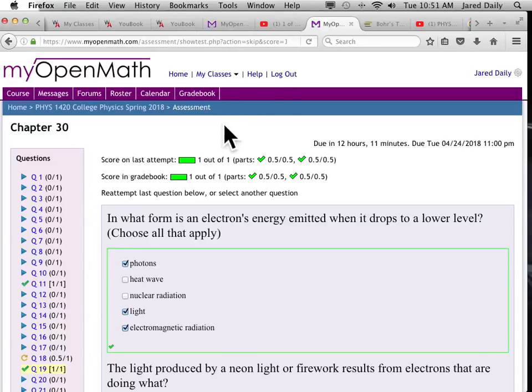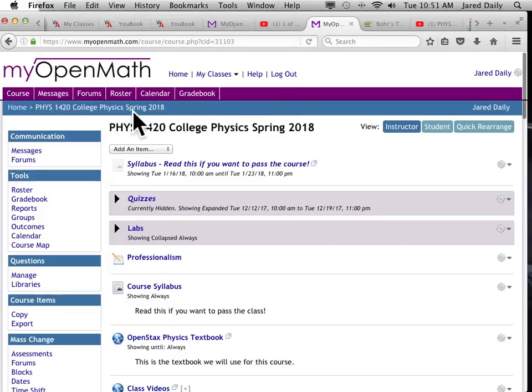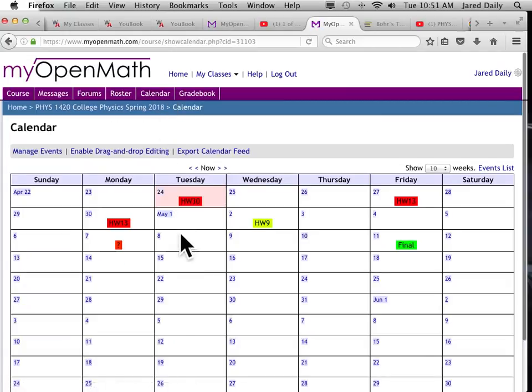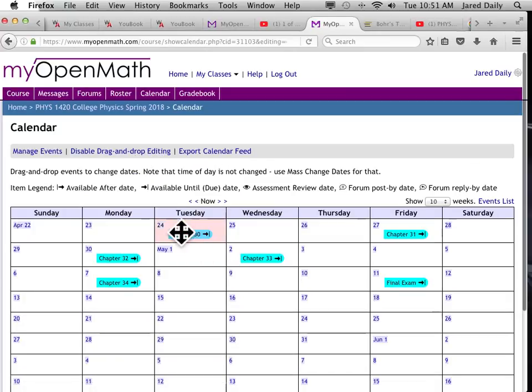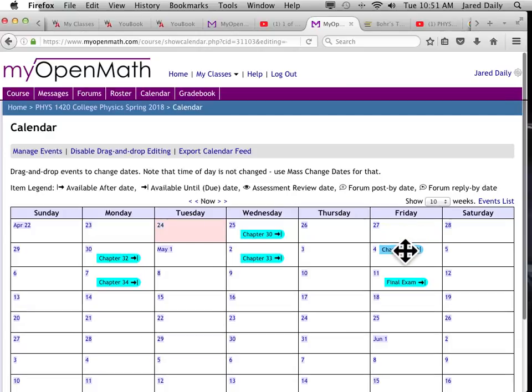Are you gonna open this up till Friday? Is it closed? No, it's gonna close in 12 hours. You really don't need till Friday. You can get this done tomorrow. Thursday and Friday, of course, we're going to be gone, so it doesn't make any sense. We're going to do 31 tomorrow, so you can do chapter 31 sometime this weekend, right?